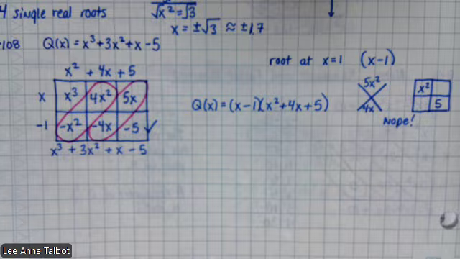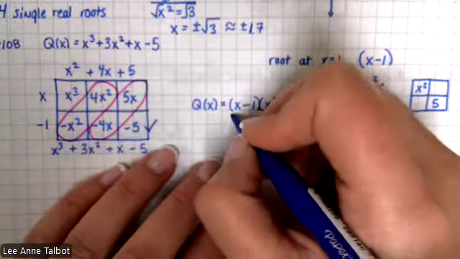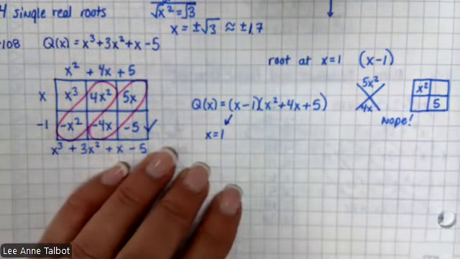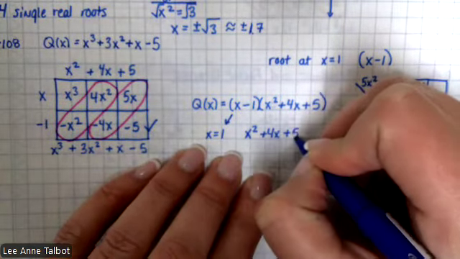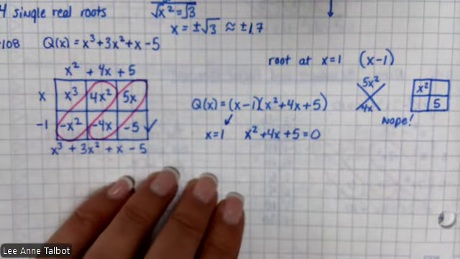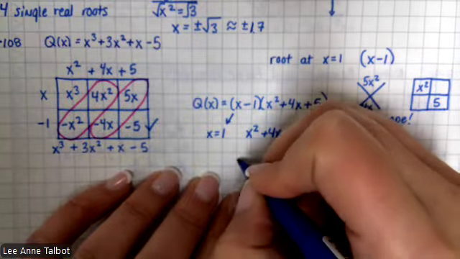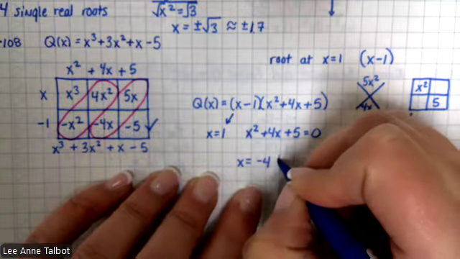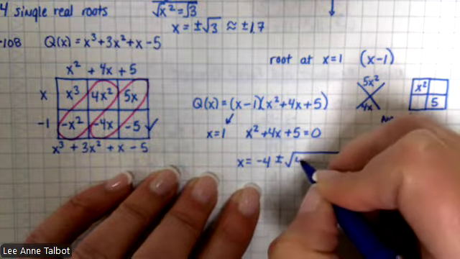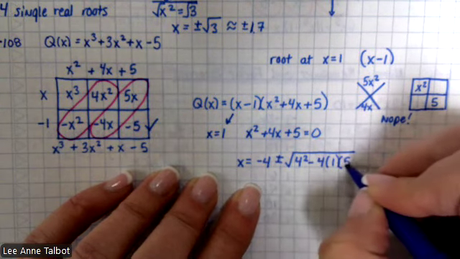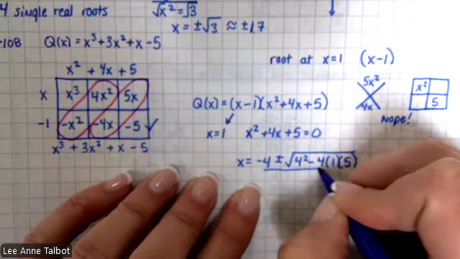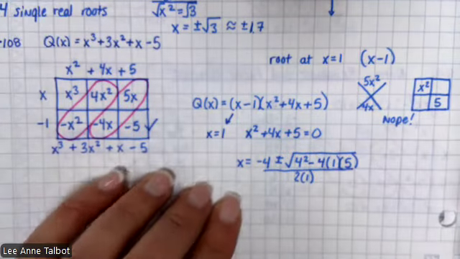So what do we do? Your favorite. Oh, you know you love it. It's the quadratic formula. Okay, so first I can go x equals 1 here. Negative b plus or minus square root b squared minus 4ac all over 2a.